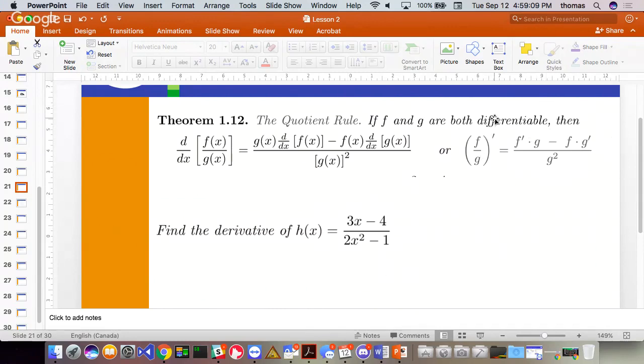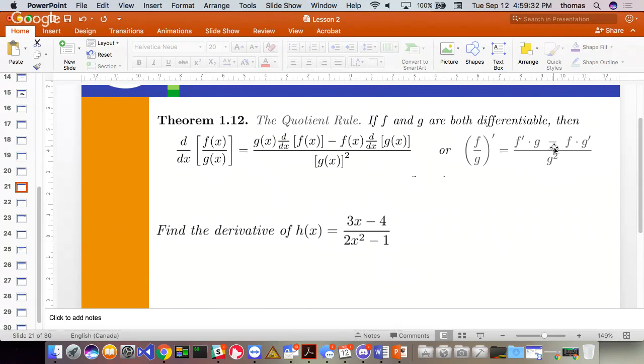Think about this hash mark here as the derivative. So we're saying take the derivative of the first term, that's f of x, multiplied by the bottom. In other words, it's the derivative of the top times the bottom, minus the top times the derivative of the bottom, over the bottom squared.